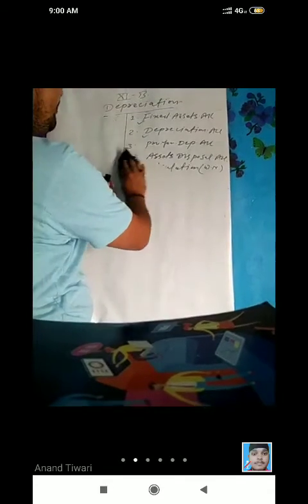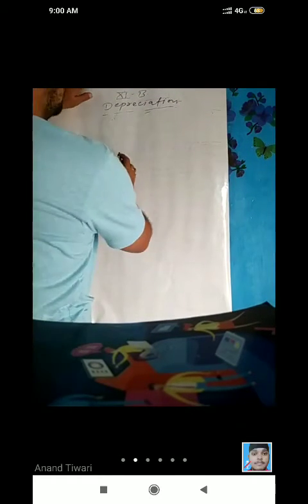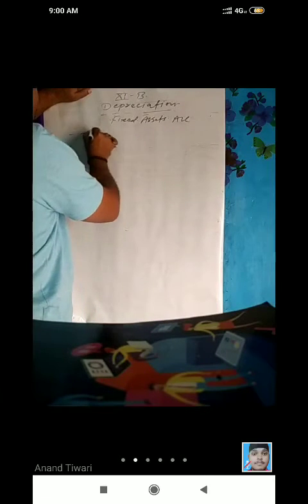Now I am going to discuss how to prepare fixed assets account. When you are going to prepare fixed assets account, you have to make a format of ledger. This is the format of the ledger of fixed assets account.